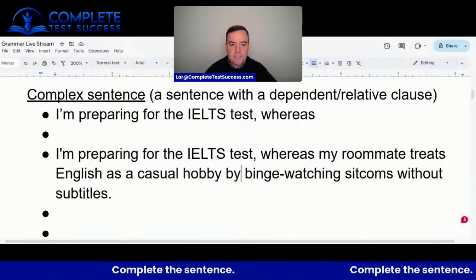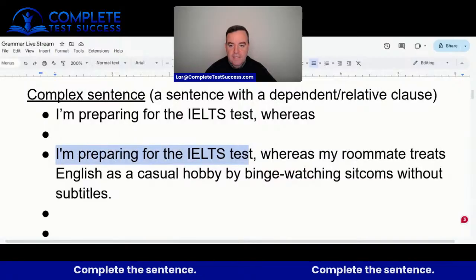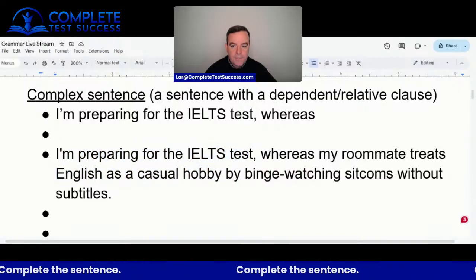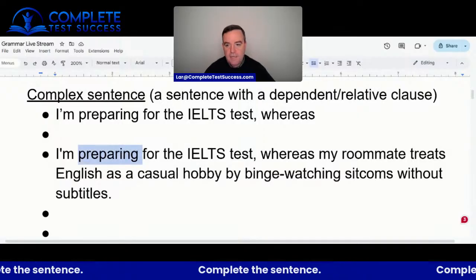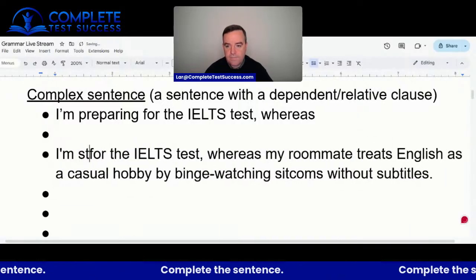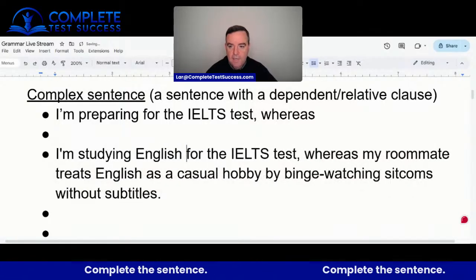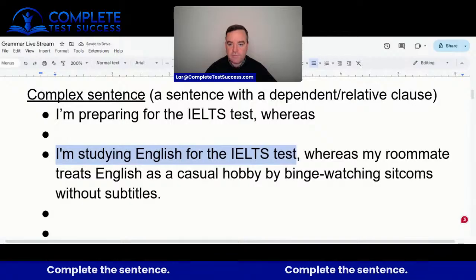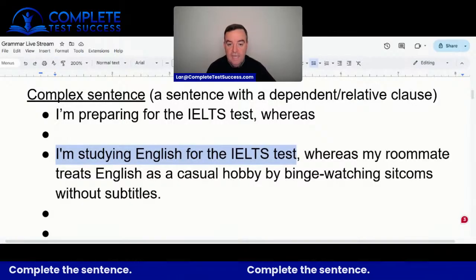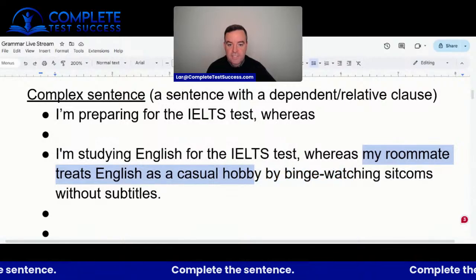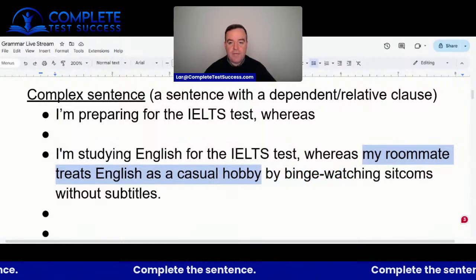No, because the contrast is you're doing two completely different things. So let's say I'm studying English for the IELTS test. So I'm studying English. Like, for me, the purpose of studying English, it's a more serious academic pursuit. Whereas my roommate treats English as a casual hobby. So that would be a better comparison.